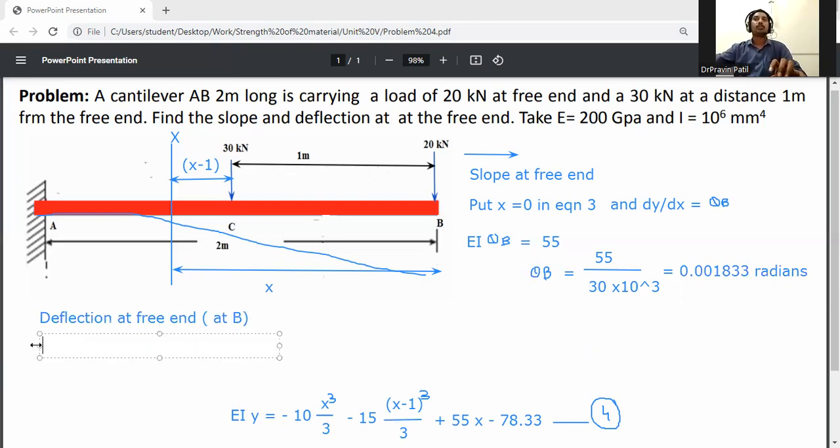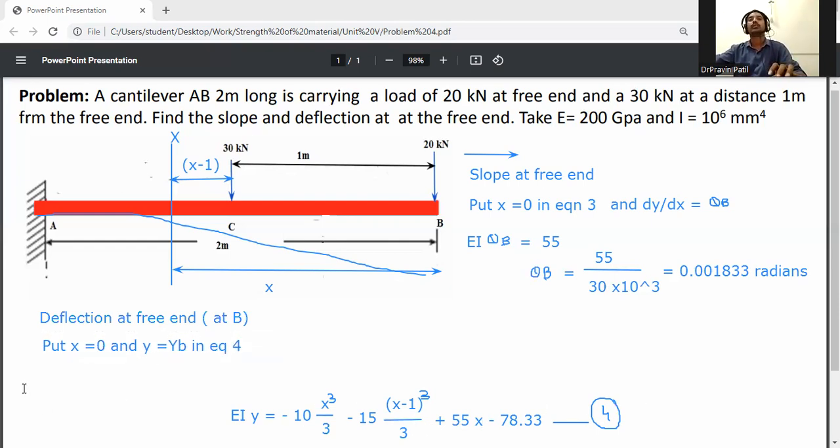So put x equal to 0 and y equal to yb in equation 4.